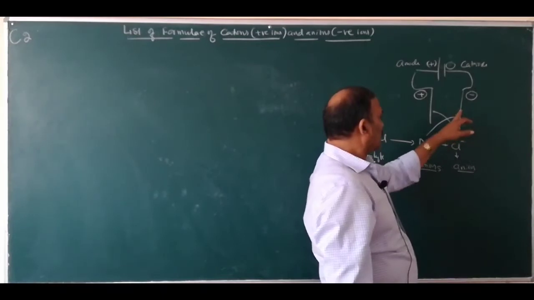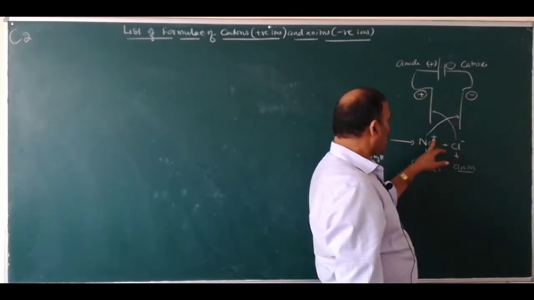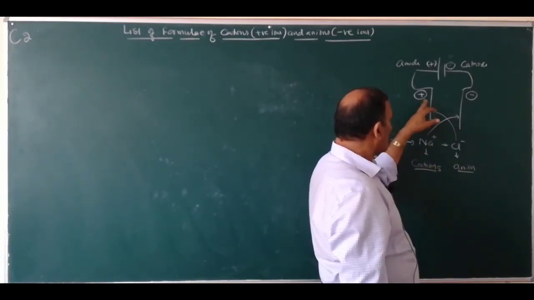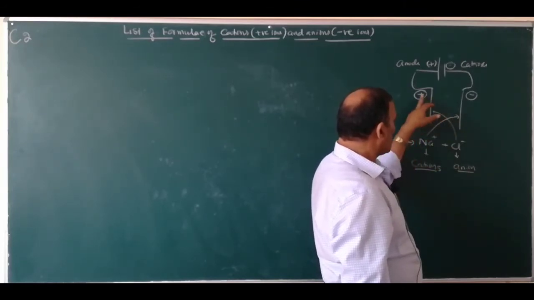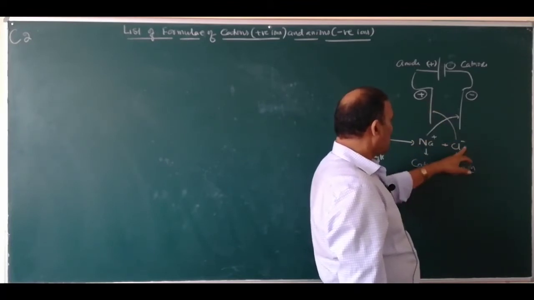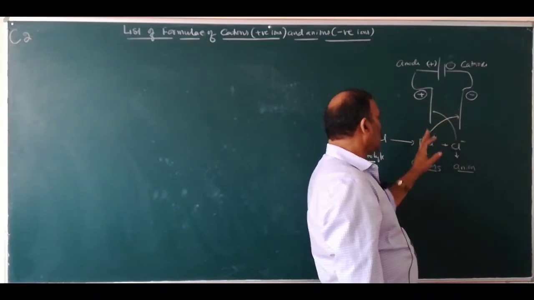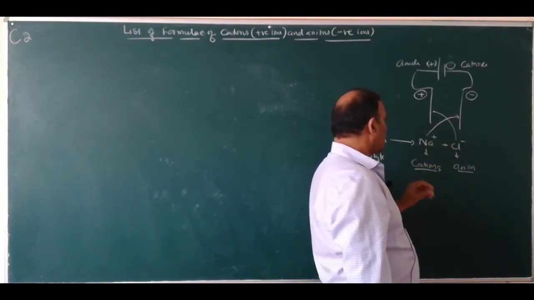If they move towards the cathode, they carry positive charge. If they move towards the anode, they carry negative charge. The ions which move towards the anode are called anions; anions carry negative charge. The ions which move towards the cathode carry positive charge, and those ions are called cations.